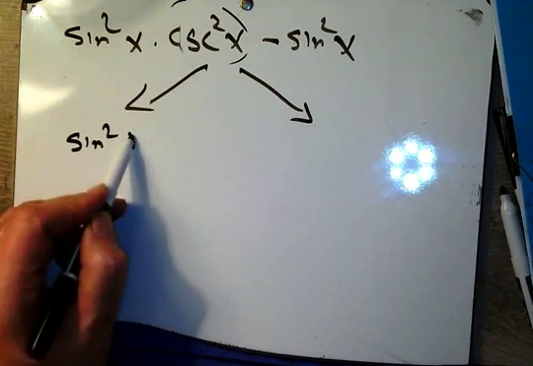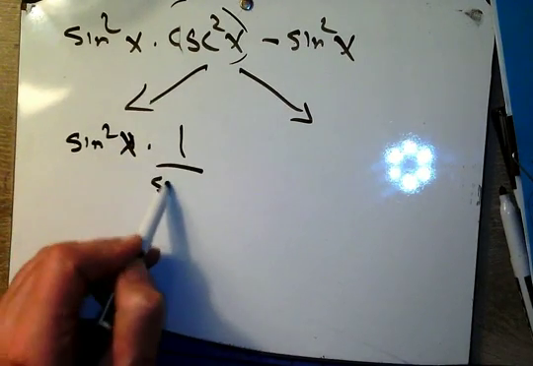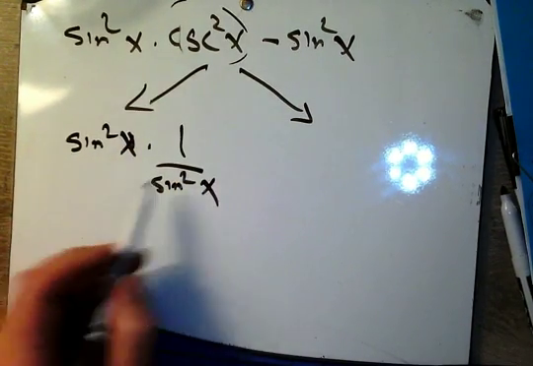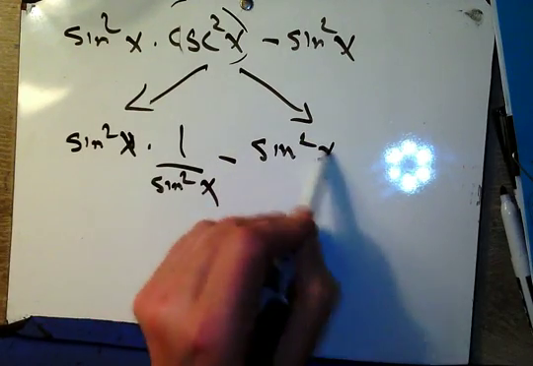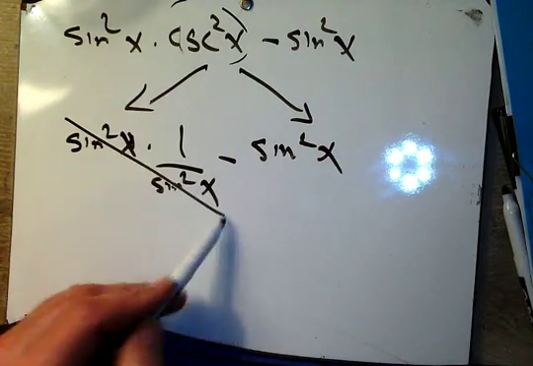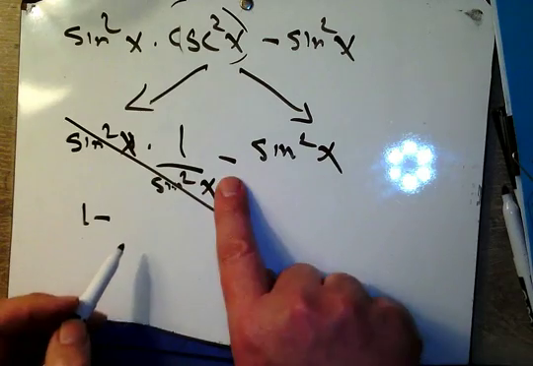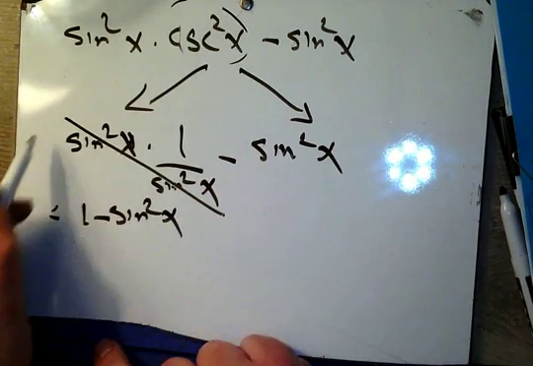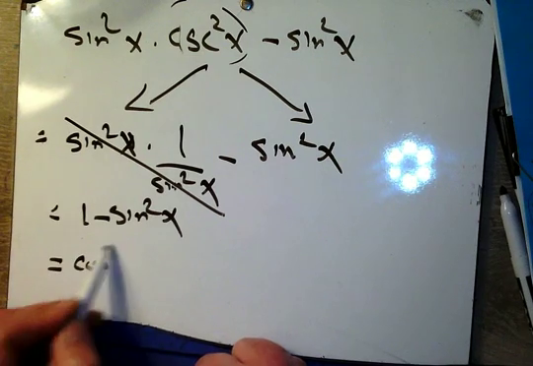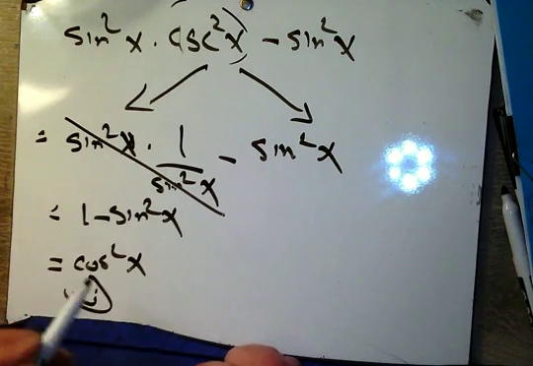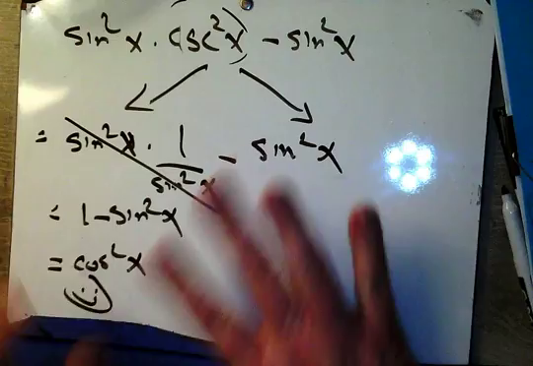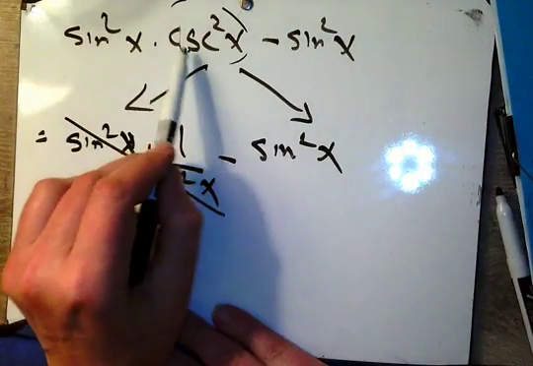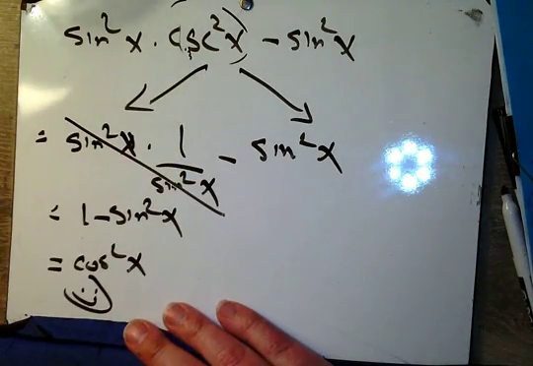And so they write sine squared x times 1 over sine squared x minus sine squared x. And then look here, these cancel, and I get 1 minus sine squared. And I know that 1 minus sine squared is cosine squared. And I feel pretty good about that. That's what I heard some students saying. They wanted to use that reciprocal identity.